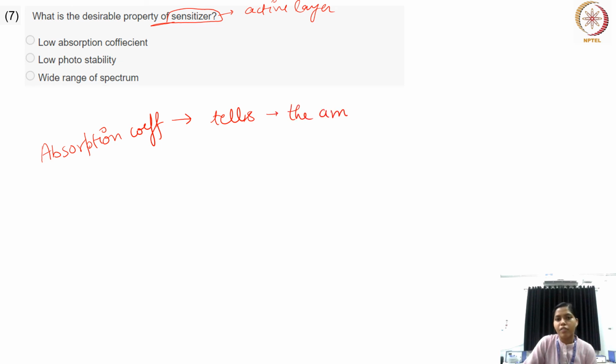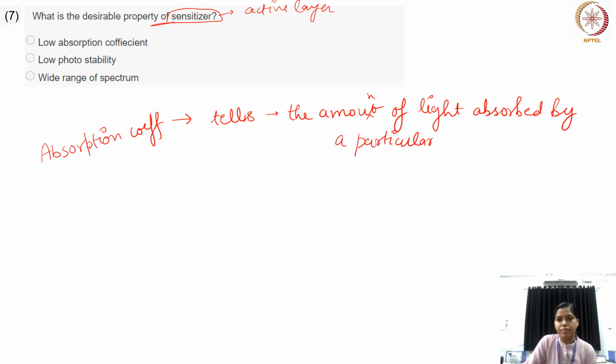Absorption coefficient tells you the amount of light absorbed by a particular material per unit length.